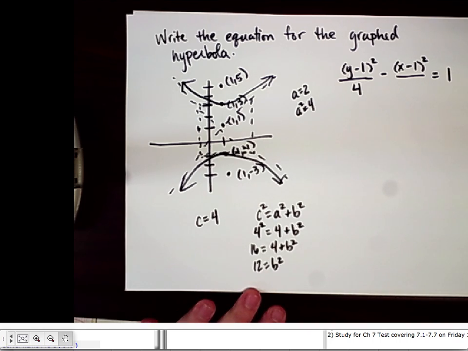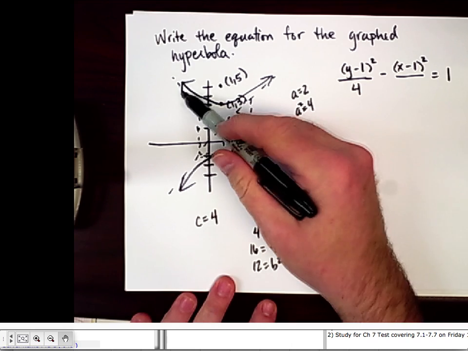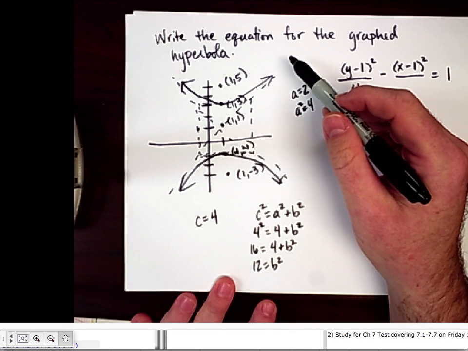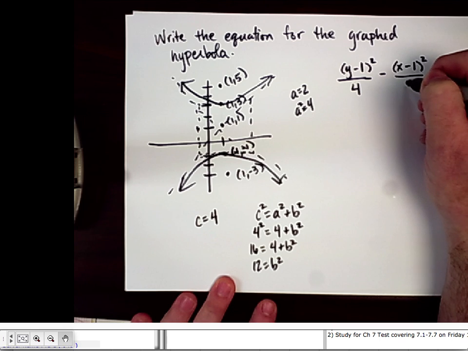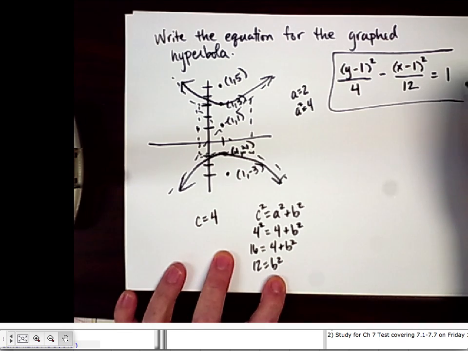We actually don't even care what b is because what goes in the formula is b squared. There's no point in solving for b unless you needed it to graph the asymptotes, because what goes here is b squared, which is 12. And that's your answer.